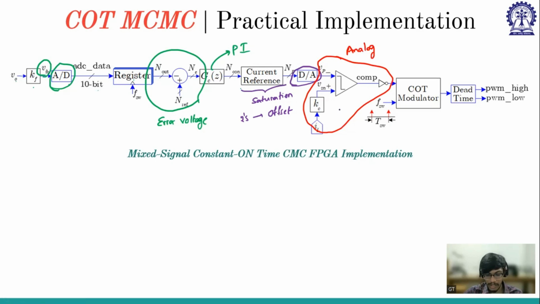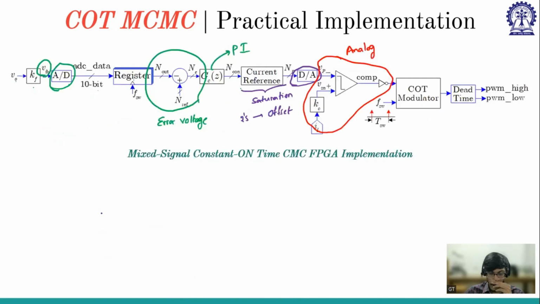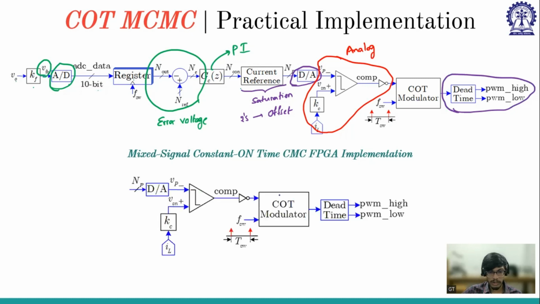So that event will trigger this, say this entire thing is the COT modulator. So that event will trigger the COT modulator, and then the COT modulator will finally generate this PWM high, PWM low with dead time. So this is the zoomed in part of that.